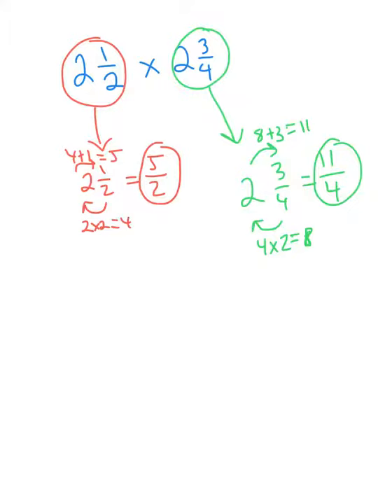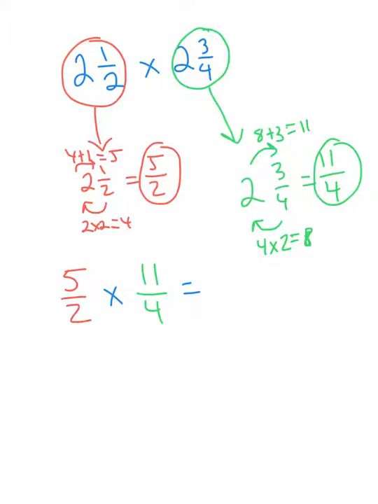So my new equation is 5/2 times 11/4. And this is equal to the same problem. This is the same problem, it's just written in different ways. And now that it's written in this way, I can multiply across.